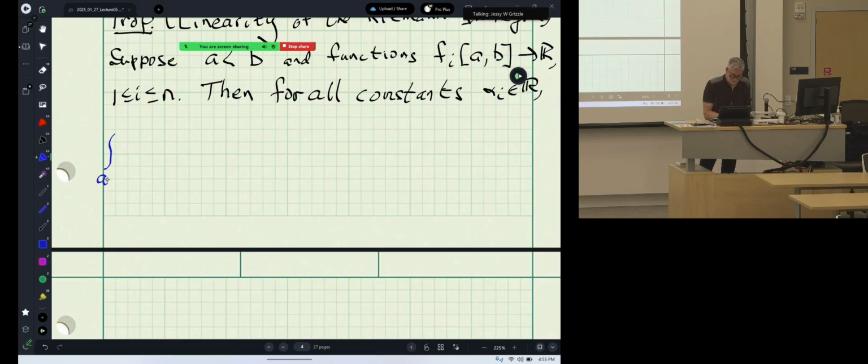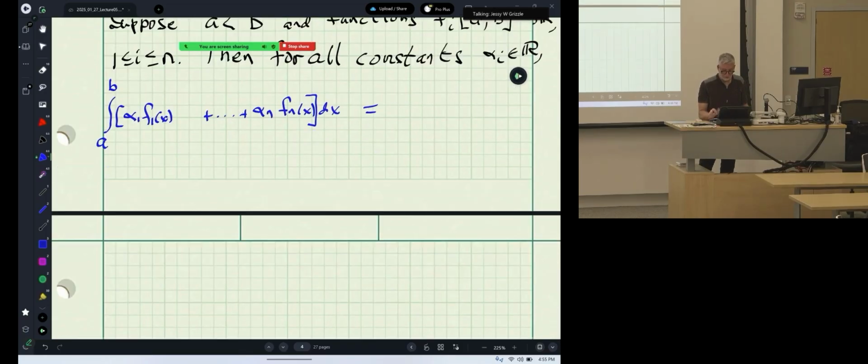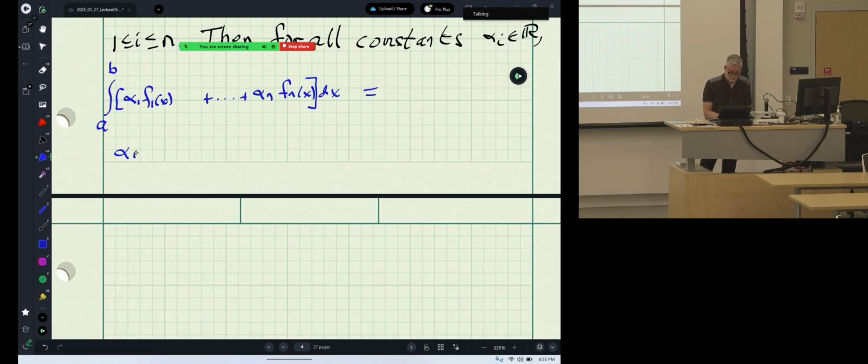The integral from a to b of alpha 1 f1 of x plus dot dot dot alpha n fn of x dx equals alpha 1 times the integral from a to b of f1 of x dx plus dot, dot, dot.